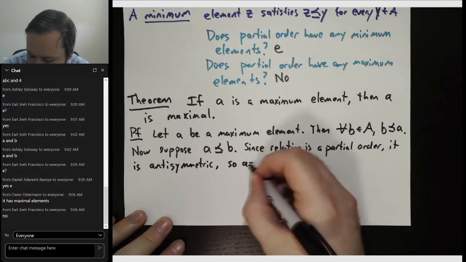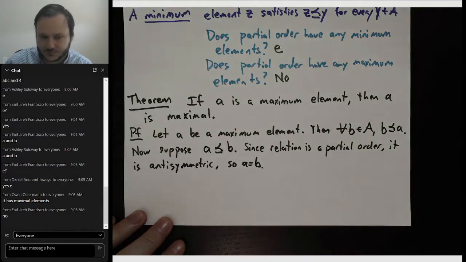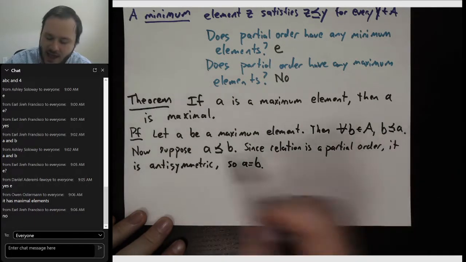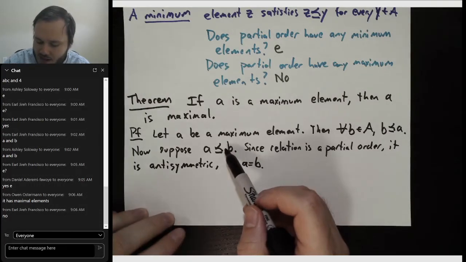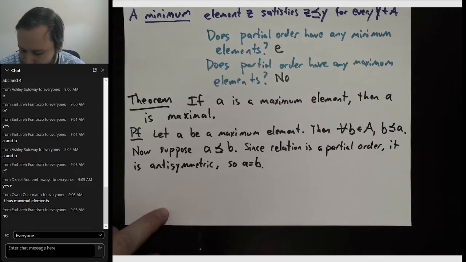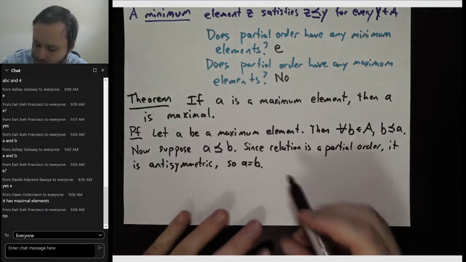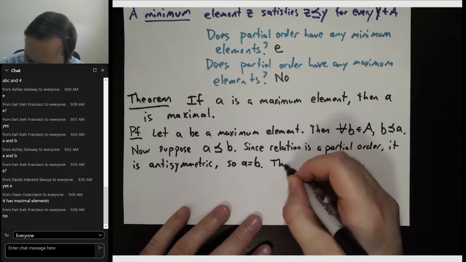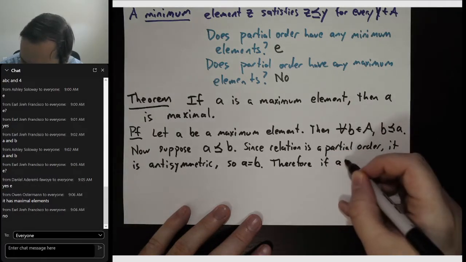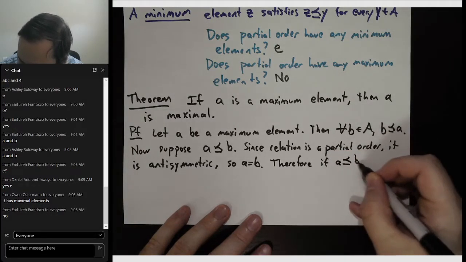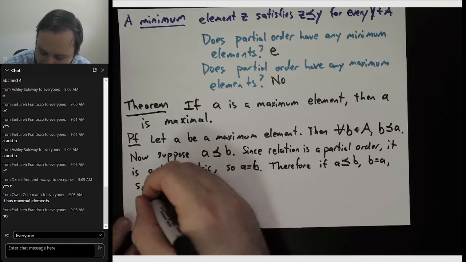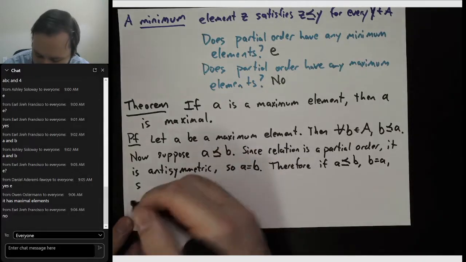So A must be equal to B. The only way B is less than or equal to A and A is less than or equal to B in an anti-symmetric relation is if they're equal. Therefore, if A is less than or equal to B, B is equal to A, so A is maximal.